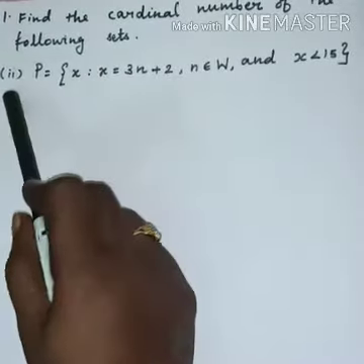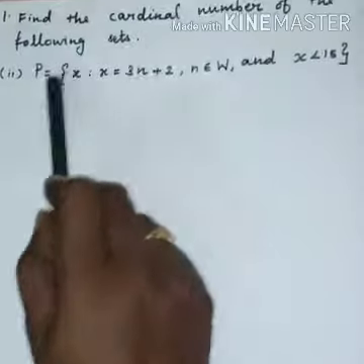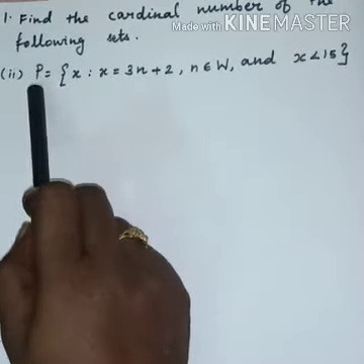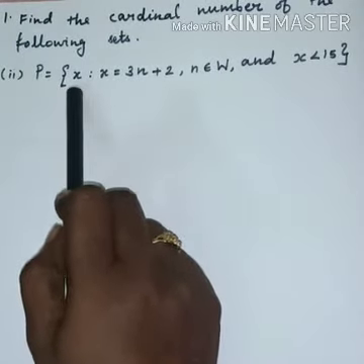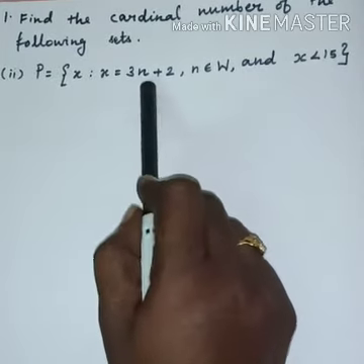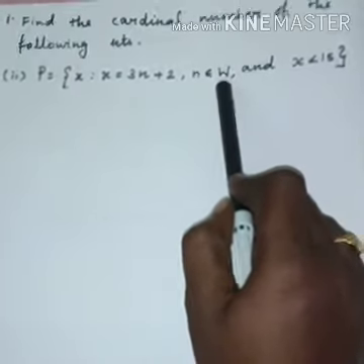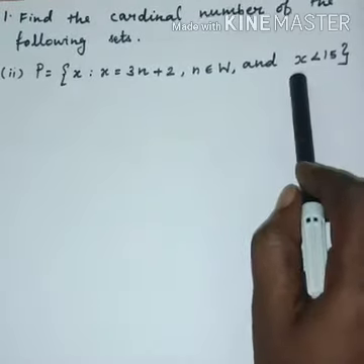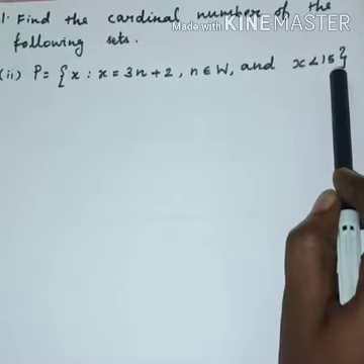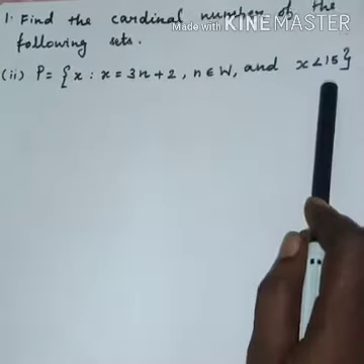First sum, second subdivision. Find the cardinal number of the following sets. P is equal to the set {x such that x = 3n + 2, n belongs to whole number and x is less than 15}. Here, the set P is given in set builder form.